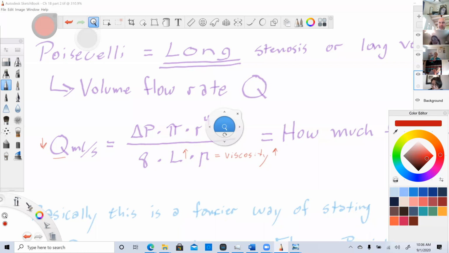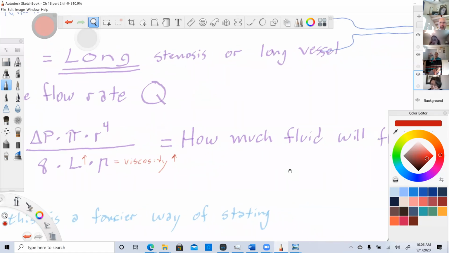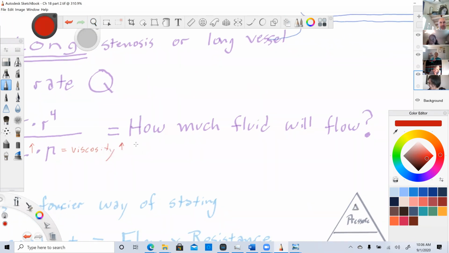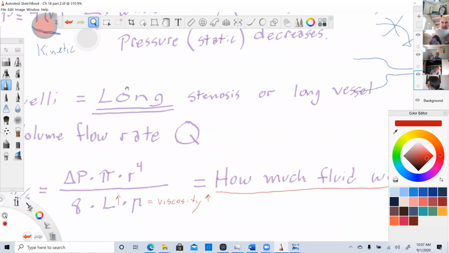Oh, I have a couple of things over here. Yes, basically Poiseuille simply answers the question, how much fluid will flow? Bernoulli's, if I can jump back to him for a second.